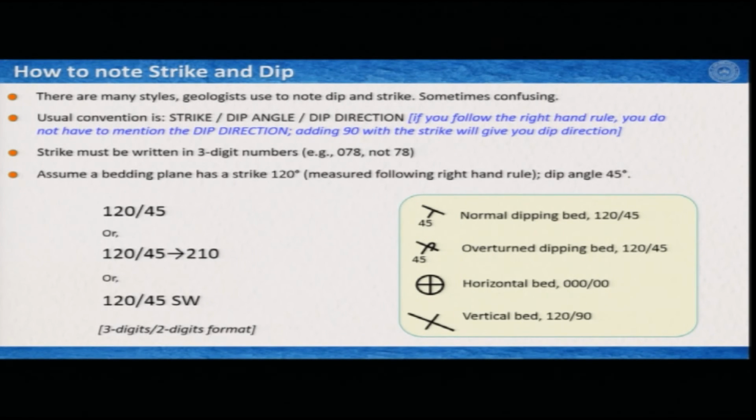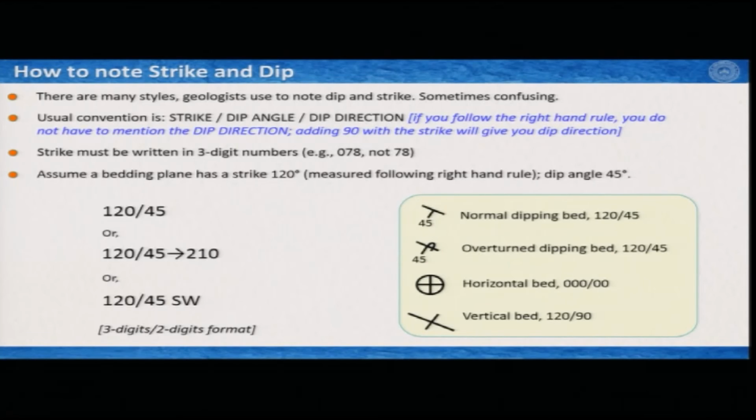Now, how to note it? In the example I have given here, you have a plane with a strike of 120 degrees that you measured following the right hand rule, and the dip angle is 45 degrees. That means the strike line is 120 degrees and the plane is dipping 45 degrees. There are three ways you can note it. First one is just 120/45. This is if you use your right hand rule.